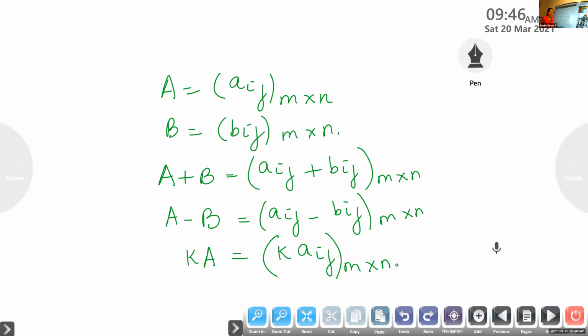Multiplying the matrix by a non-zero number means the same as multiplying each entry by K.